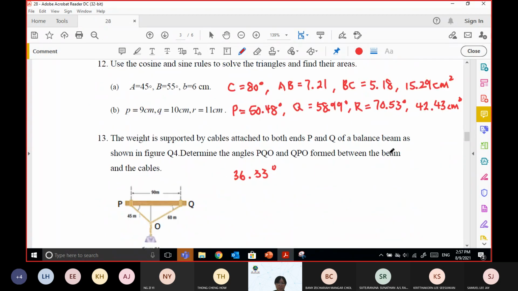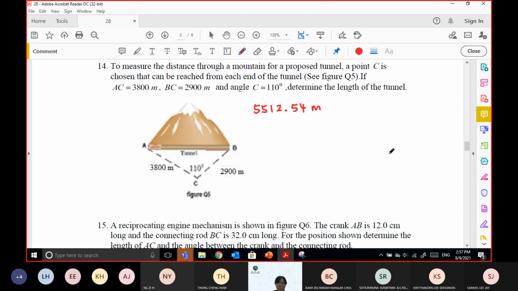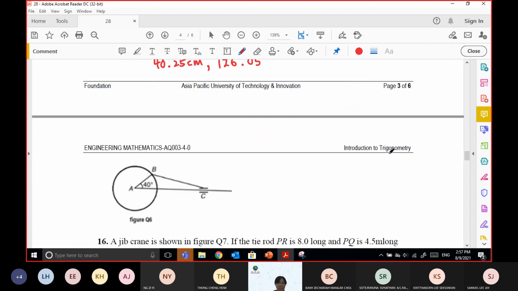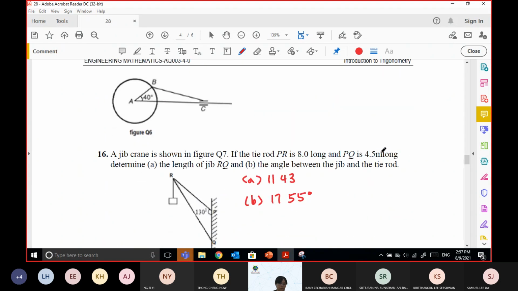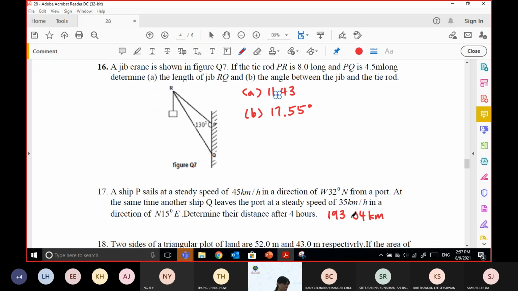17, just now there's a student asked for 17, right? Let me see whether my point is missing. Some of my points are missing. 11.43, 17.55, this one also there is a point.